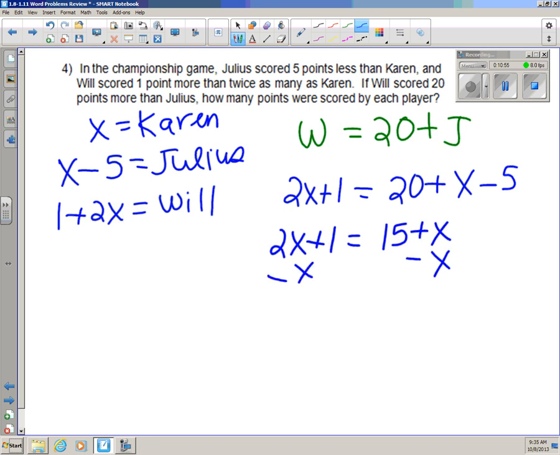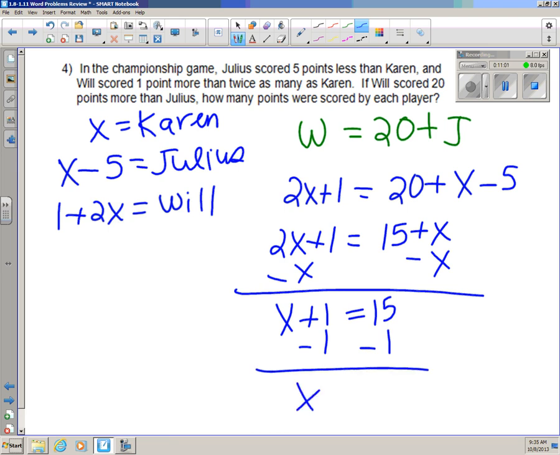Subtract x, x plus 1 equals 15, minus 1, minus 1, x is 14. How many points were scored by each player? Each player. Well, x, which is 14, is Karen. So Karen has 14 points.